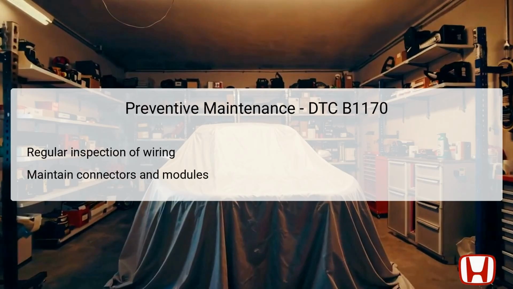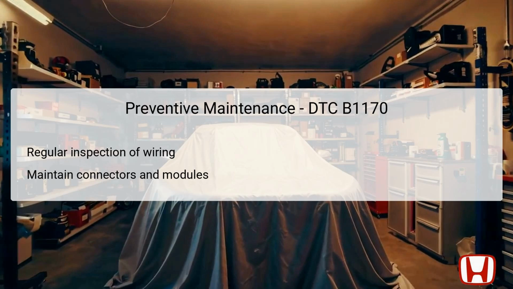Preventive maintenance is critical for the long-term reliability of the gauge control module and VSA ABS modulator control unit systems. Regular inspections of wiring and connectors can help identify common issues such as corrosion, wear, or damage before they result in problems like DTC B1170. Technicians should pay particular attention to areas where wires may be exposed to heat or physical abrasion, taking proactive measures to protect these components.